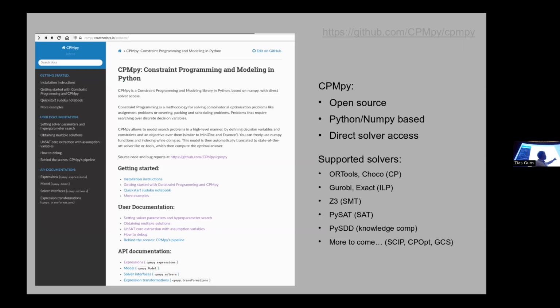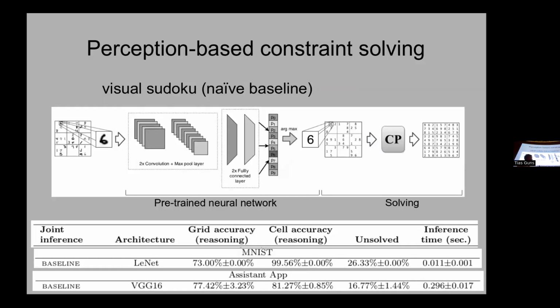It's solver independent, translates to many different kinds of paradigms and technologies, and it's convenient to integrate with machine learning representations. Okay, so we have our neural network. For every cell, we take the prediction, the argmax of these probabilities for each of the possible cell values, and then we can give that to the CP solver.